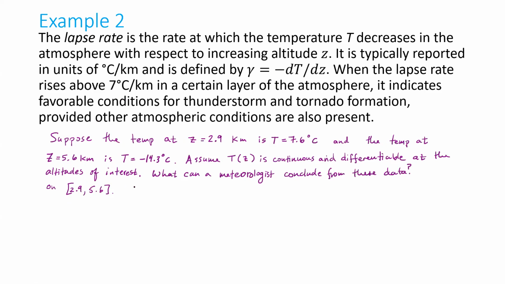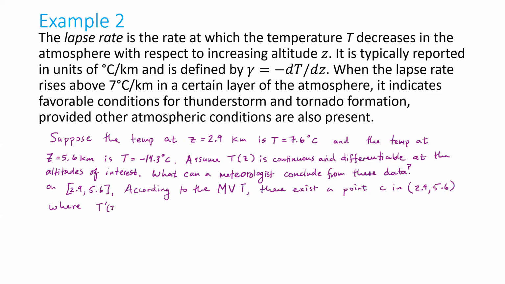We see that according to the mean value theorem, there must exist a point c in the interval from 2.9 to 5.6, where the derivative of temperature, well, here I'll write it this way, where T prime of c is equal to T of 5.6 minus T of 2.9 over 5.6 minus 2.9.